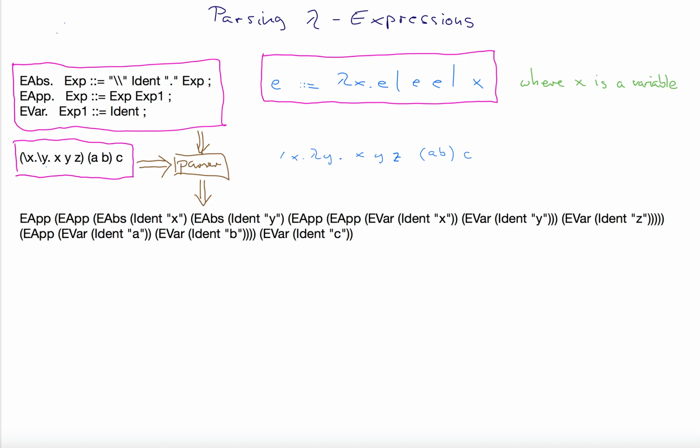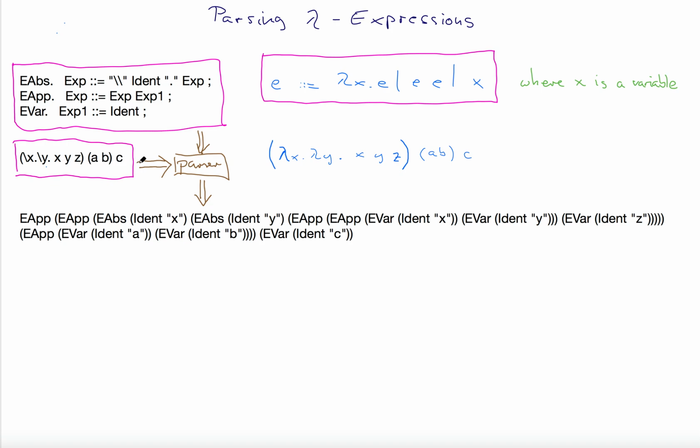Let me just fix this. Some of the notation here on the program disappeared. So this program in blue is kind of the same as the program in black here.